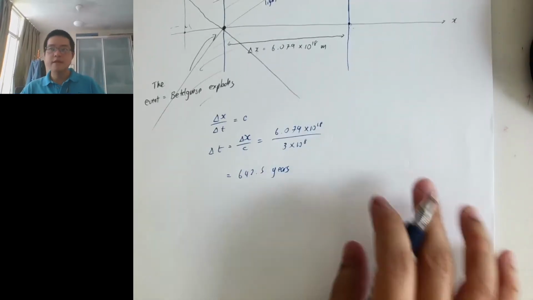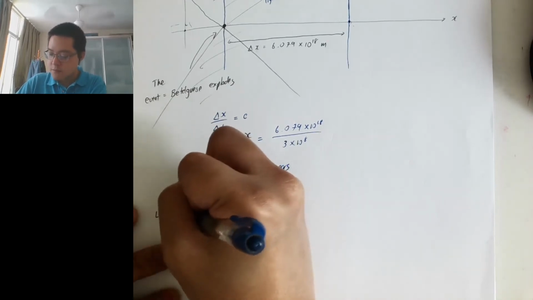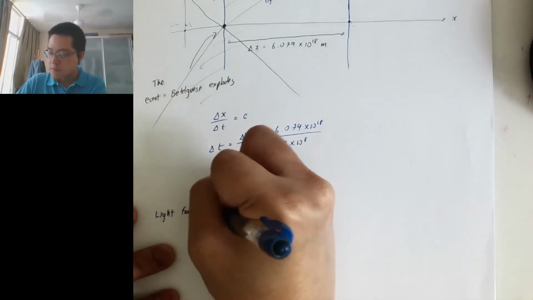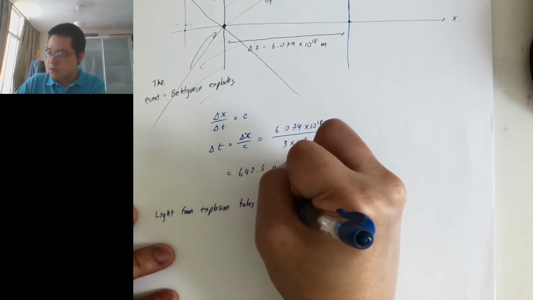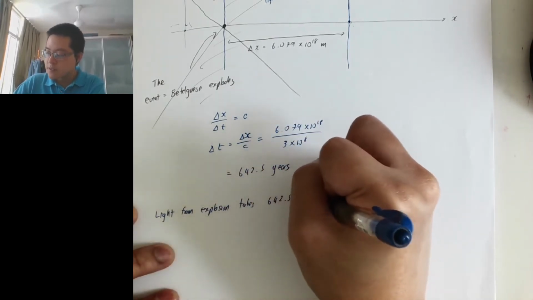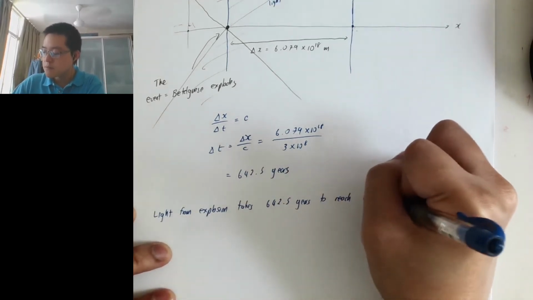Okay, so that is what happens. So light from the explosion takes 642.5 years to reach Earth's position.